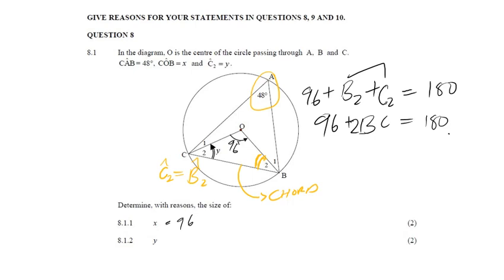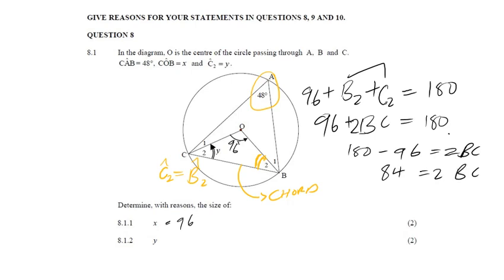Let me show you. That's the formula that I wrote. So you're going to say 180 minus 96 is equal to 2BC. So this will give you 84, if I'm not mistaken. 84 equals 2BC.